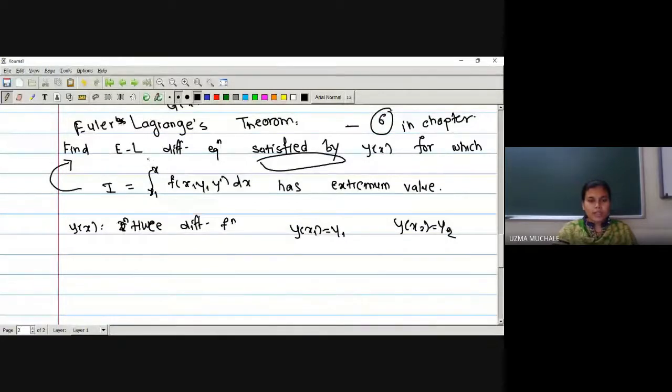First we have to find the equation in terms of y of x, in such a way that the value of this integration has either a minimum or maximum value. And next, it is given that y is a twice differentiable function, and the values of y have been provided at x1 and x2.